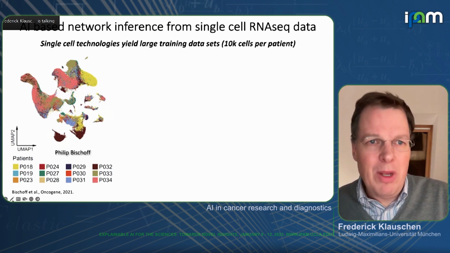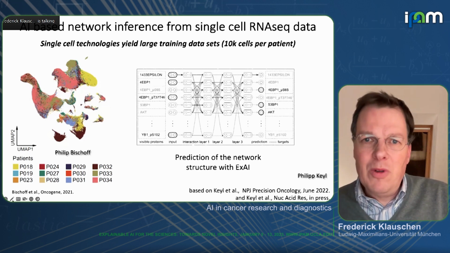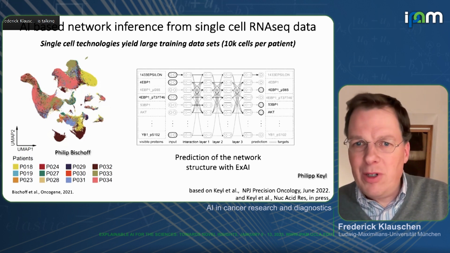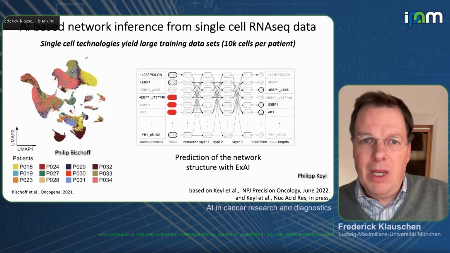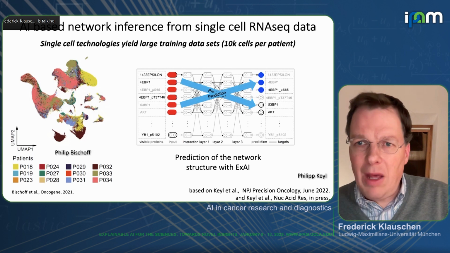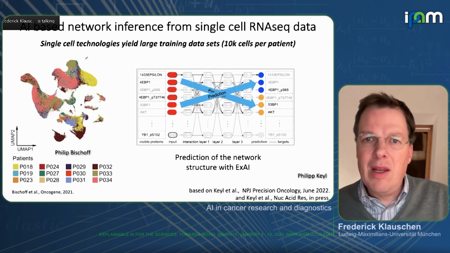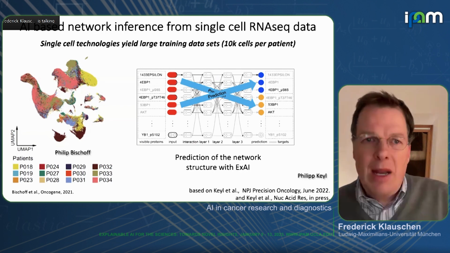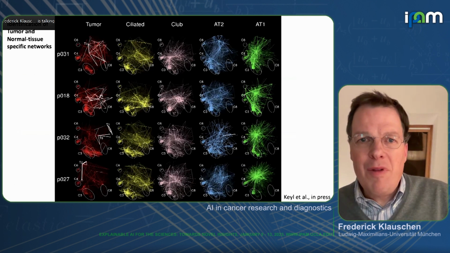And in this UMAP here, you can appreciate that the different patients cluster sometimes differently, but then there's no trivial separation. And now using the explainable AI approach, using LRP, we can take certain molecular properties and try to predict other properties, and then again take certain properties and predict other properties, and then systematically permute that and use LRP and then infer the network topology of these cells.